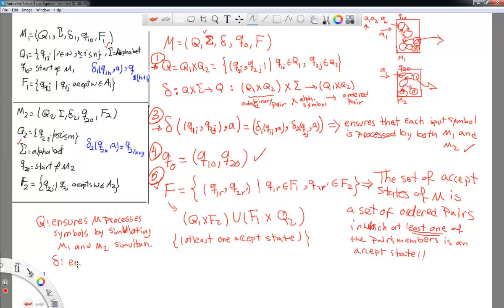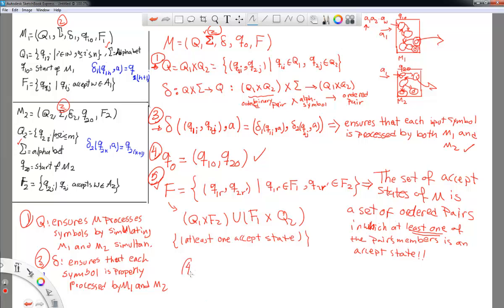Delta ensures that each symbol is properly processed by M sub 1 and M sub 2. So this is number 1, this is number 3. And number 2 is the sigma, so I know that the sigma is already done. Sigma is here, sigma is here.